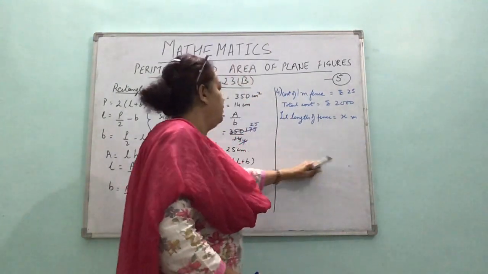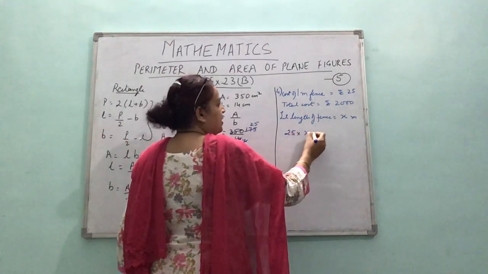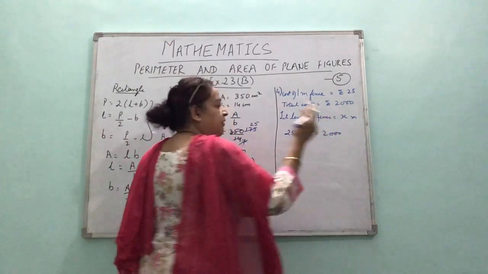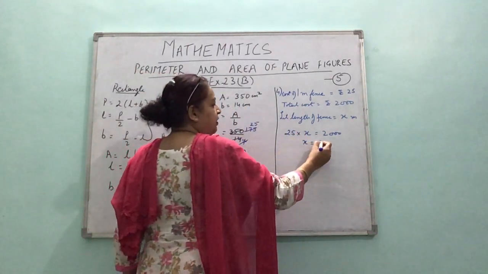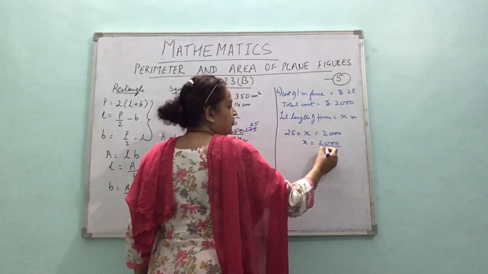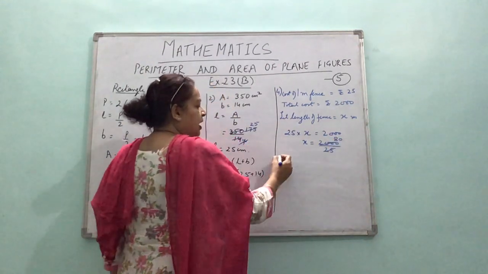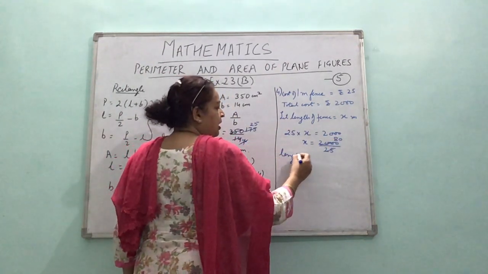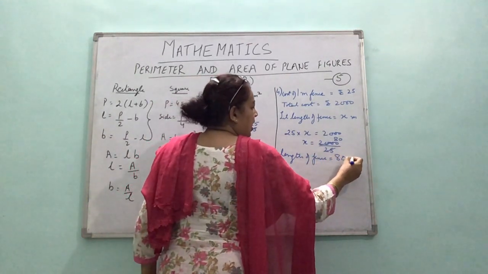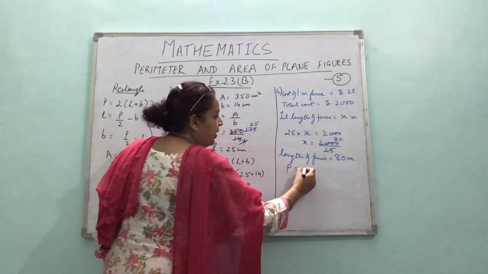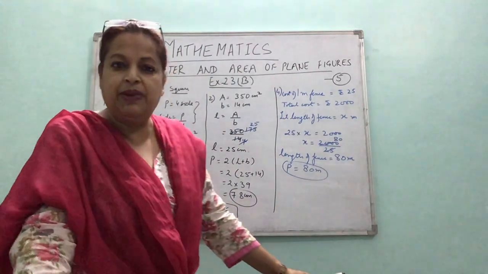So what will you get here? 25 into x is equal to 2000. You know we have done linear equation, so how to solve it? We will divide by 25. It is reducible, 80. So length of fence is how much, children? Length of fence is 80 meters, and which is also, you know, perimeter, because length of fence and perimeter would be same.